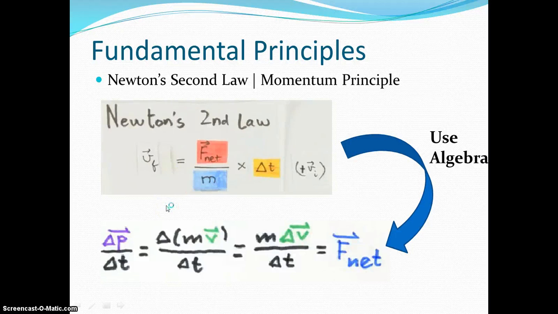We've done some nice algebra so we can actually use the motion data, in this case represented by our change in momentum over our change in time, and having that be equal to our net force. So again, we're using our motion data to tell us something about the overall interactions acting on our system.